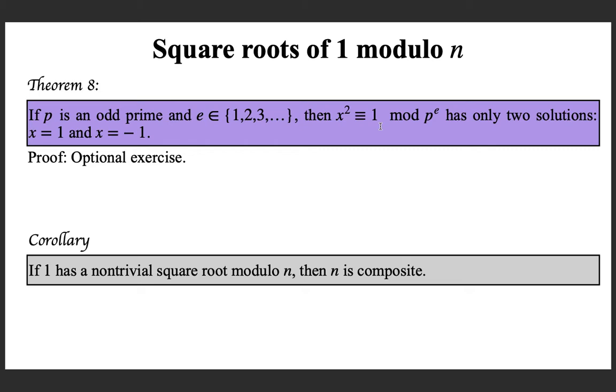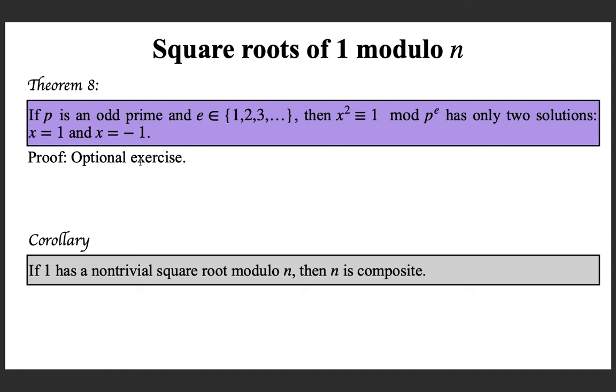And as a corollary for the theorem, we can say that if 1 has a non-trivial square root in the modulo n system, then that n must be composite, because from this theorem we know that when you substitute E as 1, when P is a prime, the equation x square is congruent to 1 mod P raised to 1 is P, has only the trivial solutions for x, 1 and minus 1.